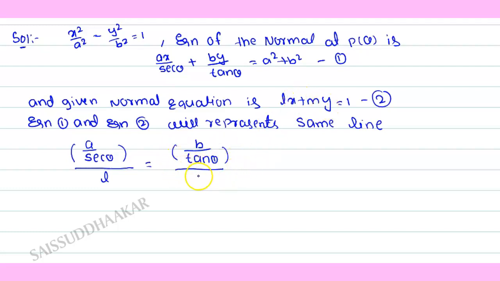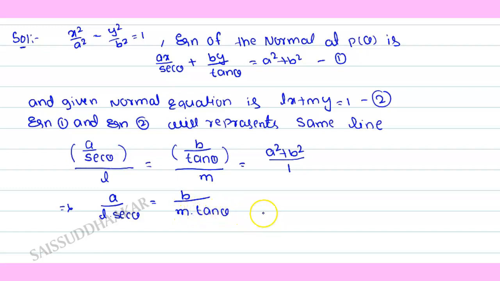The constant in equation 1 is a² + b², and in equation 2 it is 1. So this can be written as a/(L secant theta) = b/(m tan theta) = a² + b².